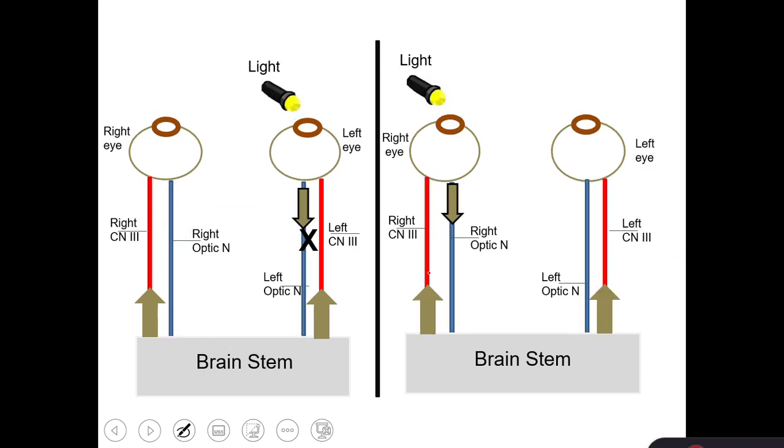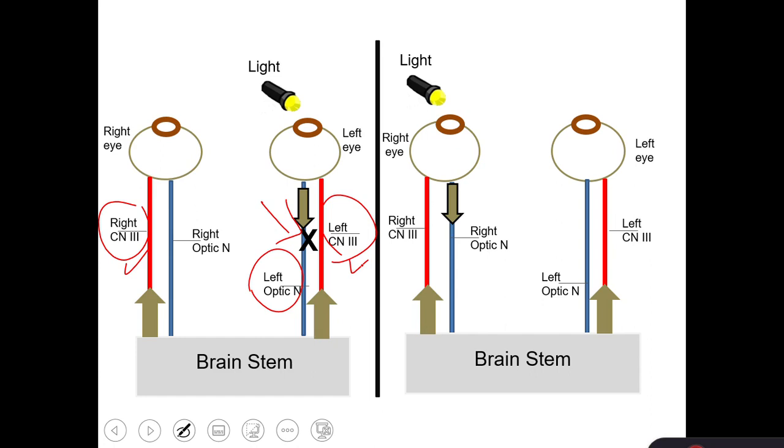How about if you shine the light in the left eye and nothing happens? This means either the left optic nerve is damaged or maybe both oculomotor nerves are damaged. How to prove that the issue is in the left optic nerve and that the right and left oculomotors are okay?